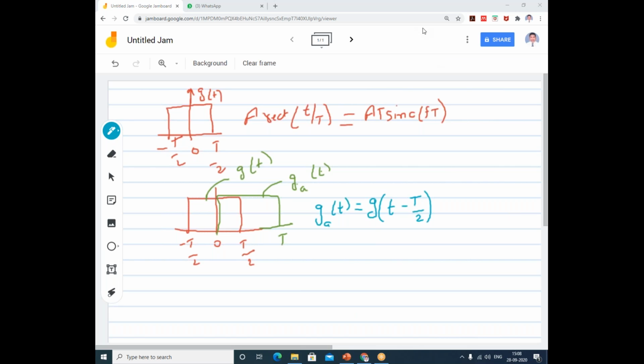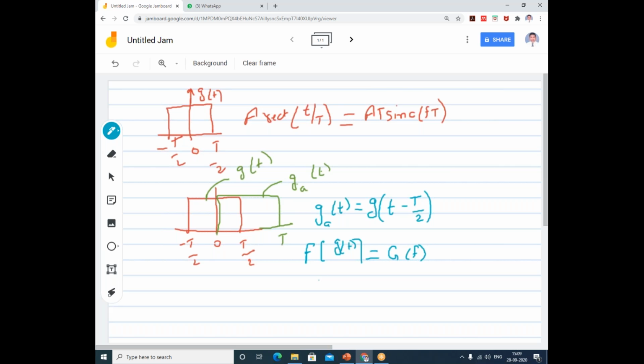Now I can write the relation for g_A of t from the shifting property like this. So this is nothing but your shifting property. We know from the shifting property, the Fourier transform of g of t is G of f.